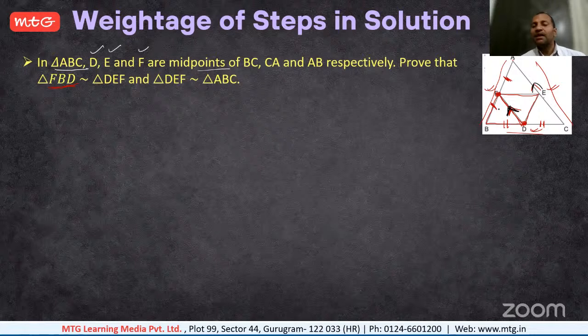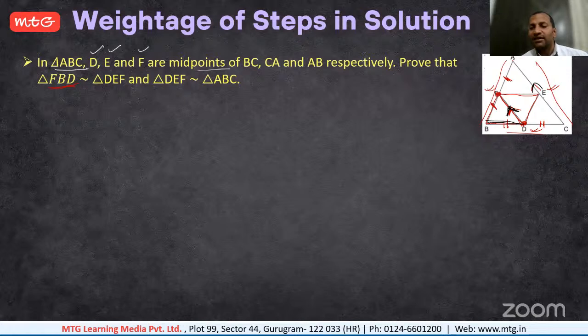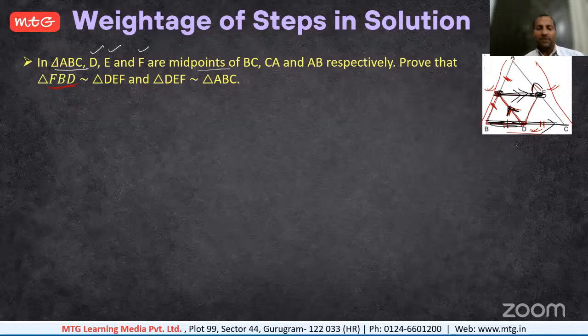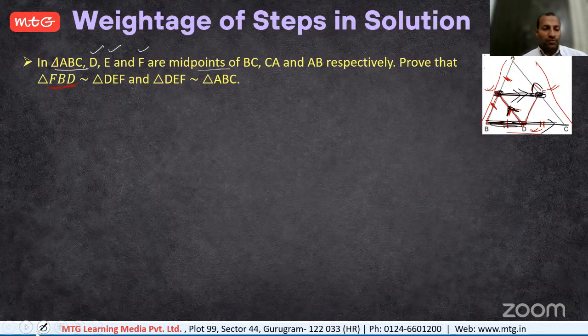Similarly, we can say this side, this is the midpoint again, and here also it is a midpoint, so this side is parallel to this side. It means this one and this one are parallel.